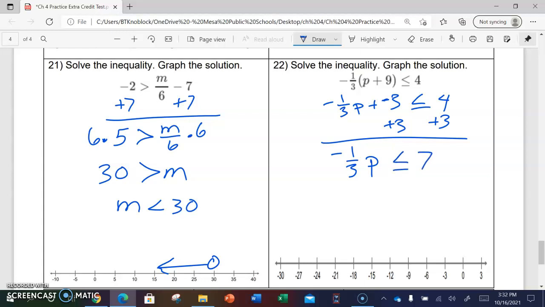Then I'm going to times this by its reciprocal. So I have to flip because I'm multiplying by a negative. So I get p is greater than or equal to negative 21. So at negative 21, the circle is going to be shaded in because it's equal to, and greater than.